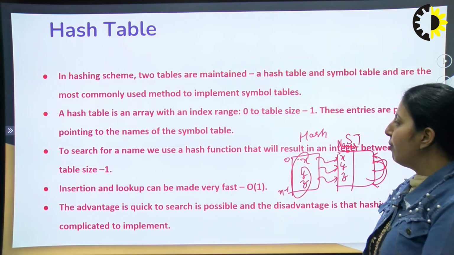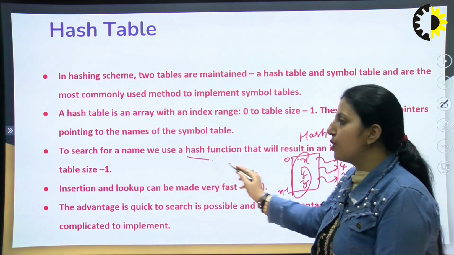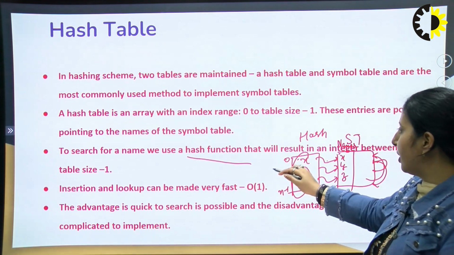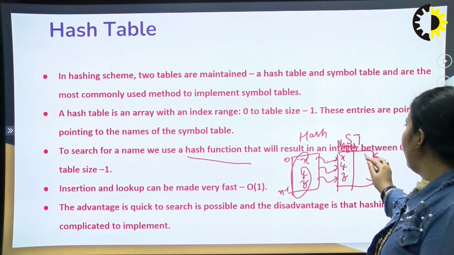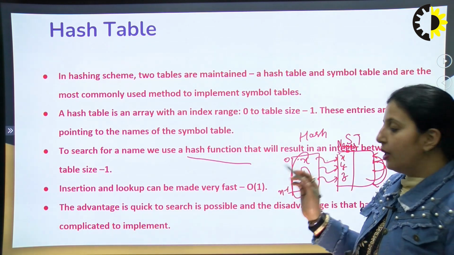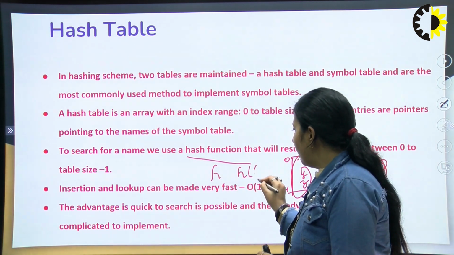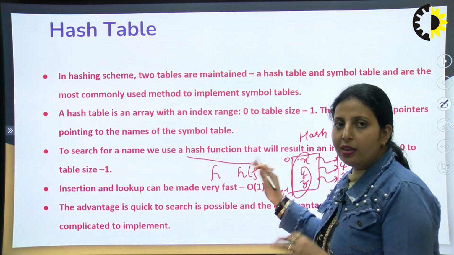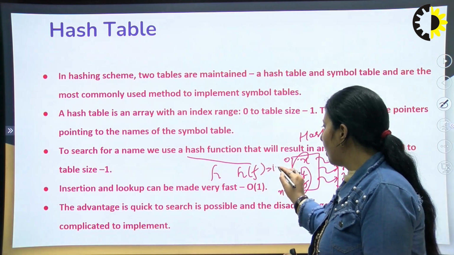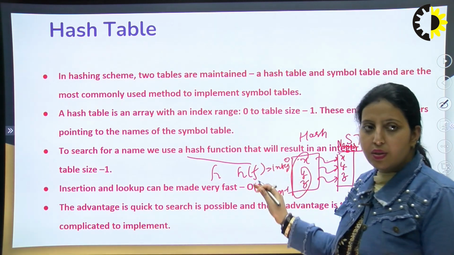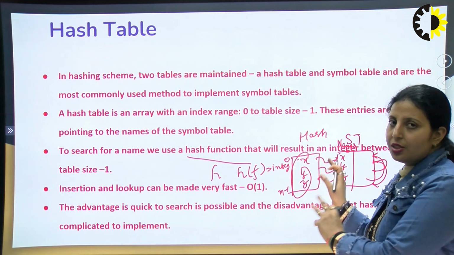To search for a name, we use a hash function. If we want to search for anything, we have to use a hash function that will result in an integer between 0 and the table size minus 1. The hash function calculates some value that is an integer, which is used for searching that particular variable or value.